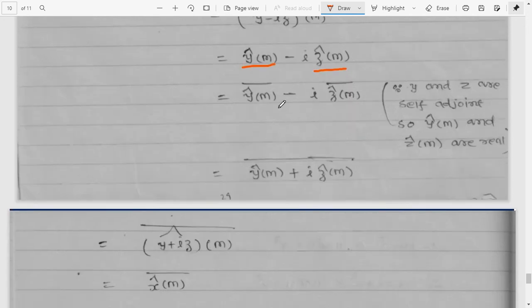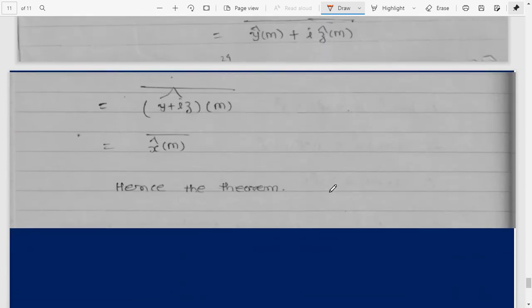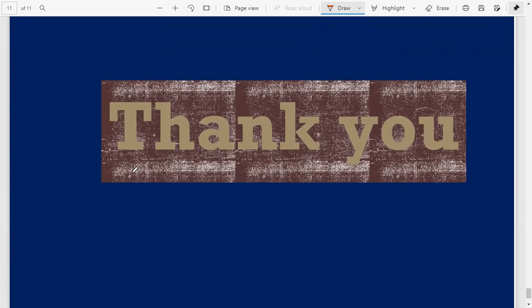So we get y cap of m plus i z cap of m conjugate, and so y plus iz cap of m, and y plus iota z is equal to x, so x cap of m conjugate. Hence the theorem. And thank you.